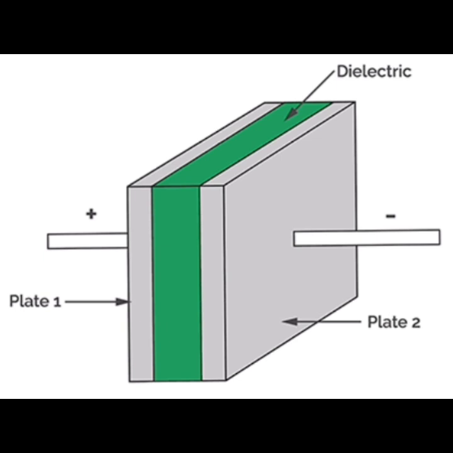In between the plates lies the dielectric material with a dielectric constant ε, which is equal to ε0 times εr, known as the relative permittivity. The dielectric material is used because we want it to allow charges to accumulate between the capacitor plates.